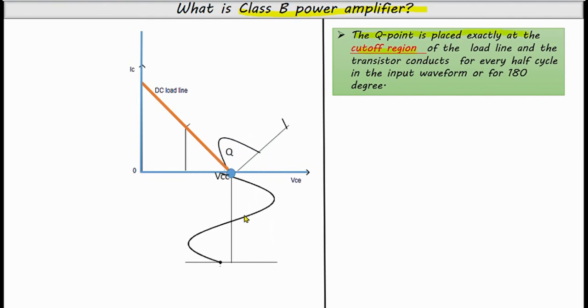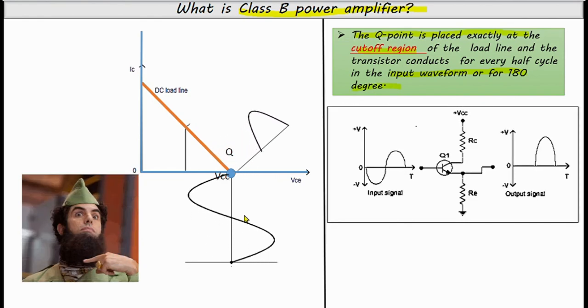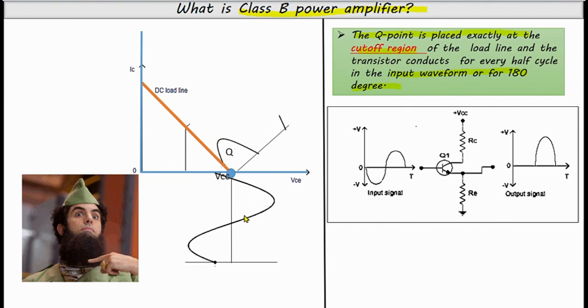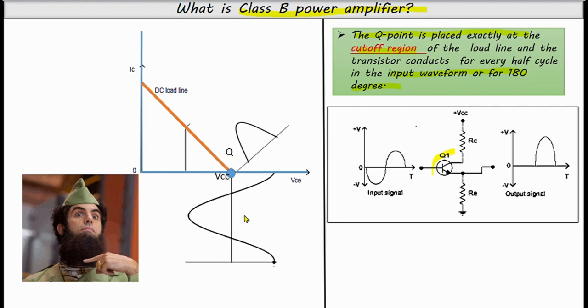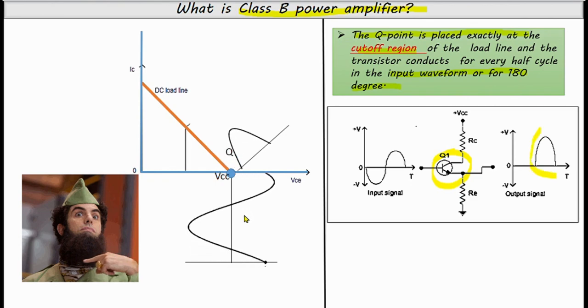In this animation, you can see that if the input is a whole sine wave, the current is only a half sine wave, or it conducts only for a 180-degree angle. So if we use a power transistor here, the output will be only a half sine wave.